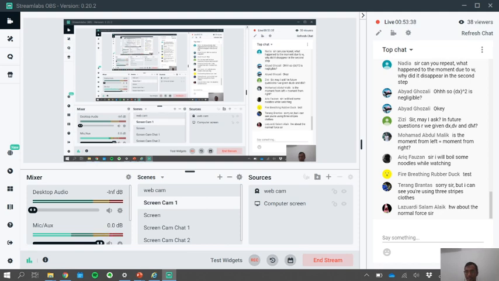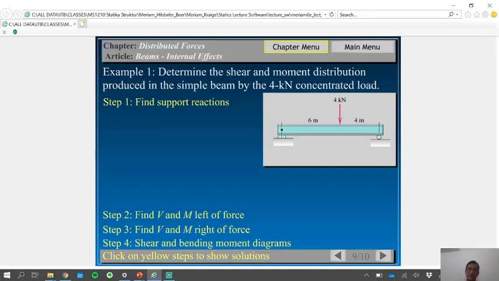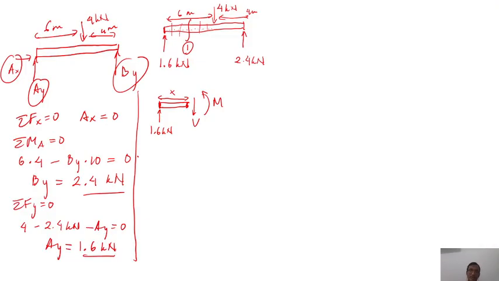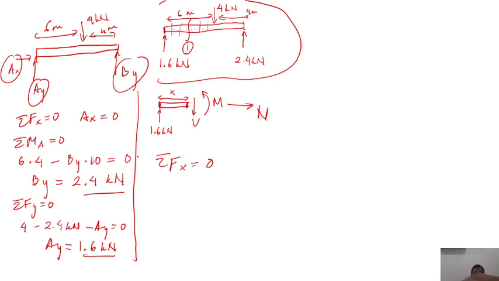Laswardi salam alaik. How about the normal force, sir? Okay. The normal force, you can draw it as well there, N here. But the problem here, like it or not, N will be 0 if we use sigma Fx equal to 0. Right? Because there is no horizontal force at all in this particular free body diagram, I don't draw N because I know from the beginning that N will be exactly 0.